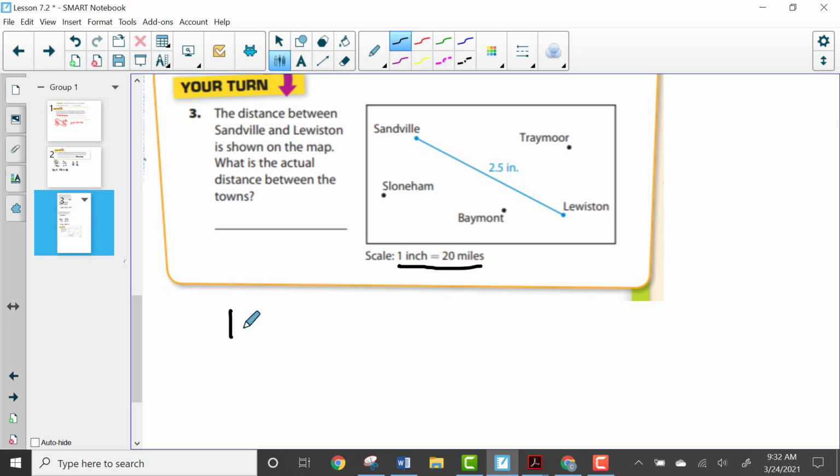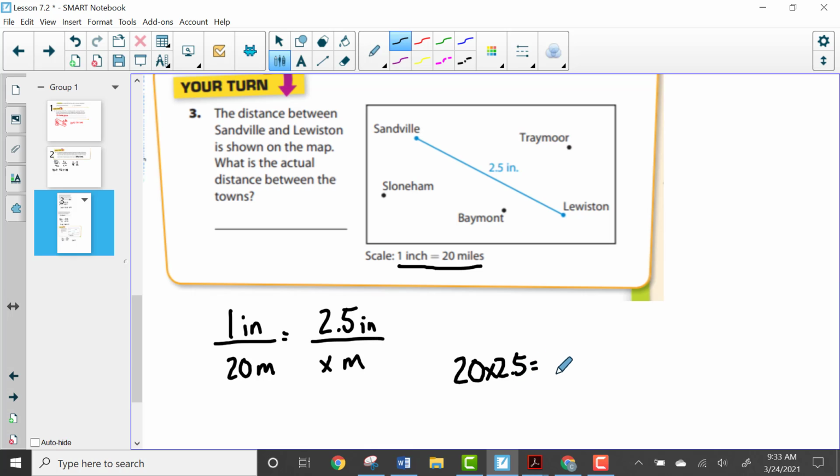So what we will do is set this up as a proportion. 1 inch, 20 miles, which means that will equal 2.5 inches, which is shown on the map. And we don't know how many miles that equals. So again, set it up as a proportion, cross multiply 20 times 2.5. And what we have for that is 50.